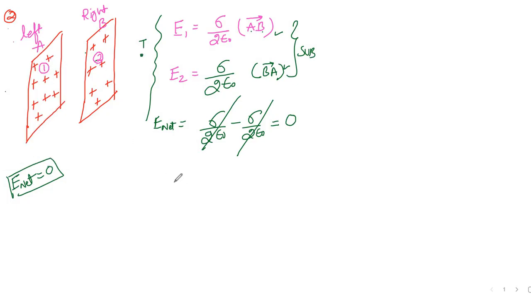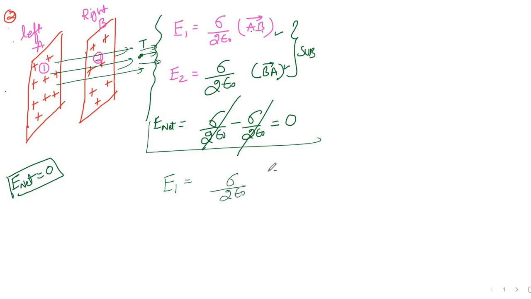So due to, let me write E1, the first sheet. So this is plus. So plus means going away, going away at this point in this direction, right side. So the formula is still sigma by 2 epsilon and the direction will be from left to right.